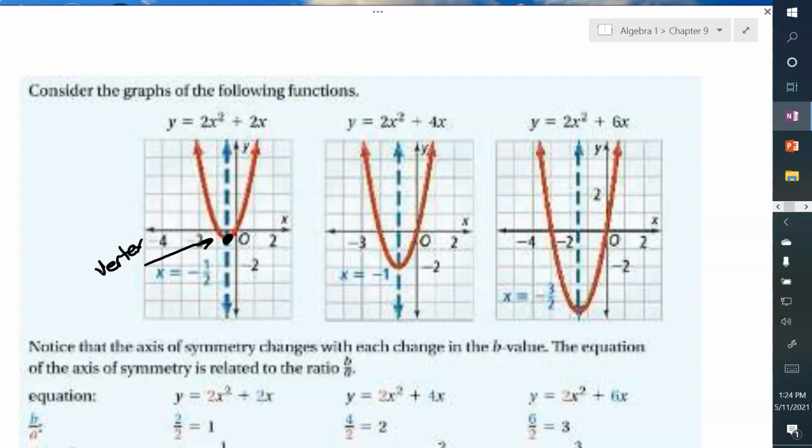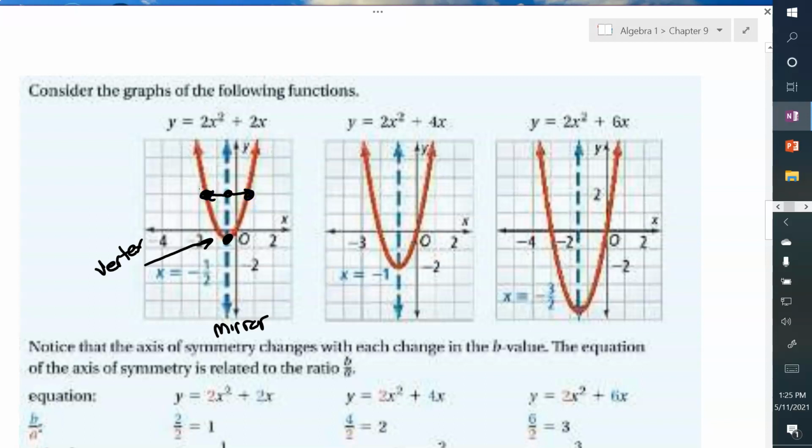So it's kind of like a mirror. If I take a point here and here, both those 2 points would have the same y value.